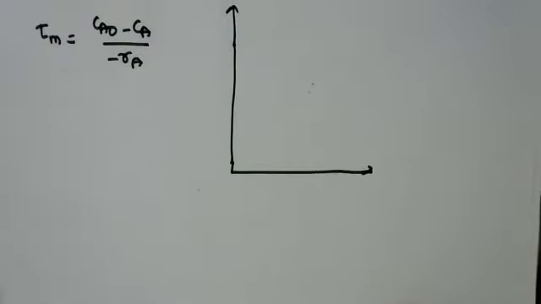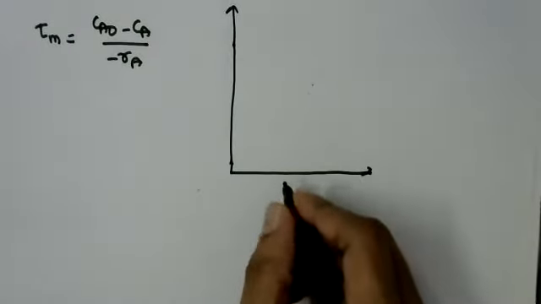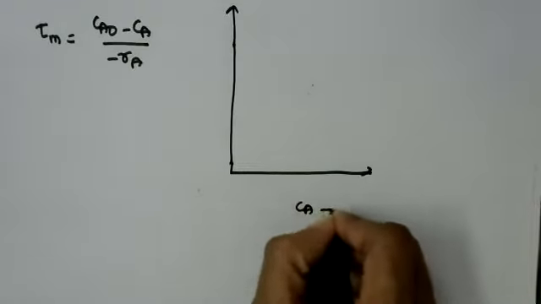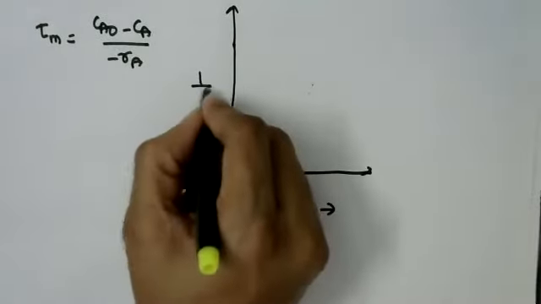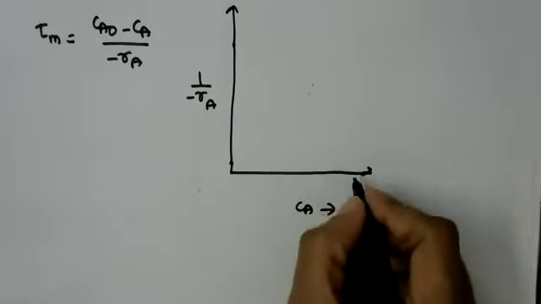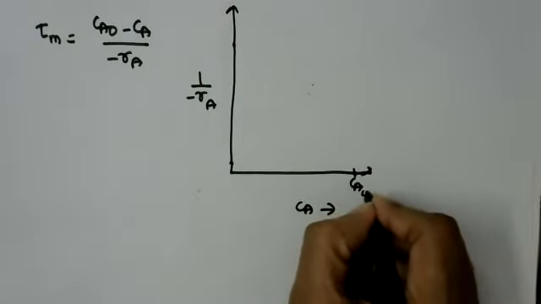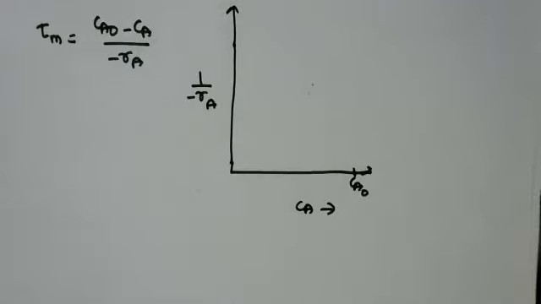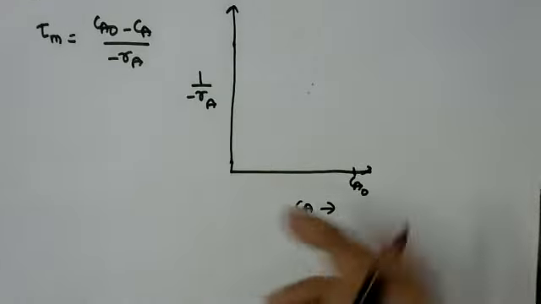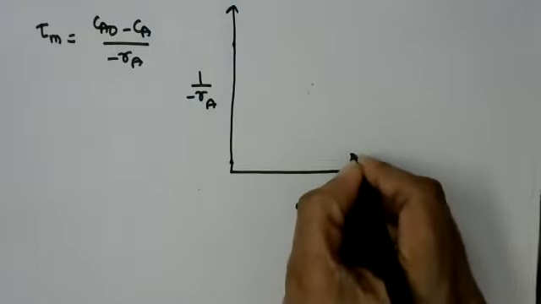So this graph will have Ca as the x coordinate and 1 upon minus Ra as the y coordinate. Now, initially, the value of the concentration will be equal to Ca0. When the concentration is very high, rate of reaction will be very high. And when rate of reaction is very high, 1 upon minus Ra will be low.